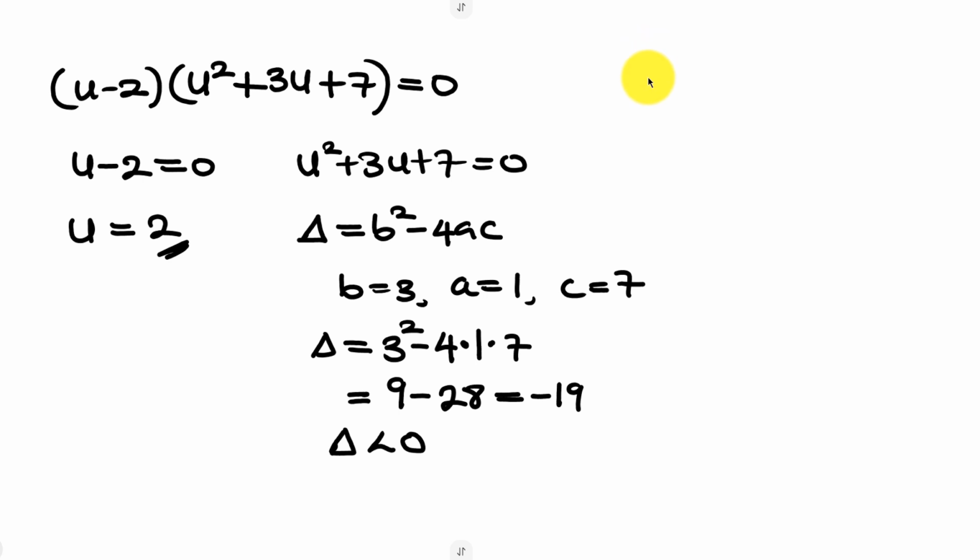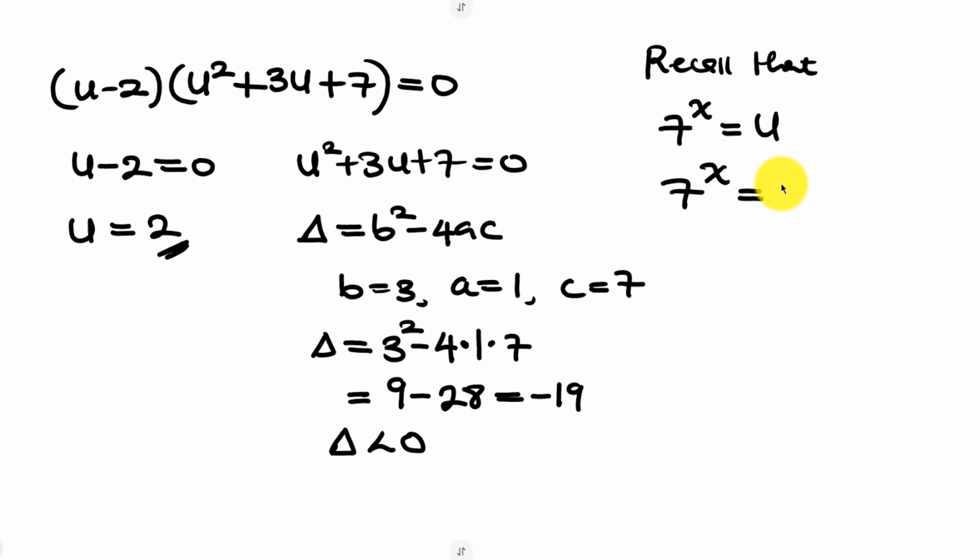So recall that we're looking for x. And from our substitution, we said let 7 to the power of x be equal to u. Now we've got a real solution of u to be 2. So we have 7 to the power of x to be equal to 2. Very good. Now when we have an exponential form like this, in order to bring it down, we have to change it to logarithm. And how do we do that?